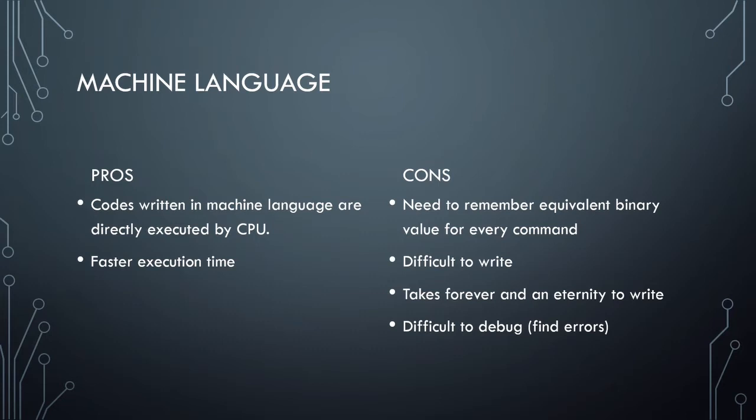It takes a very, very long time to get in all those ones and zeros. And it also means that if you have any errors in your code, or rather when you have errors in your code, it's very difficult to find these errors and to correct them because you're just staring at a screen of ones and zeros. So we won't be using machine language in this course.